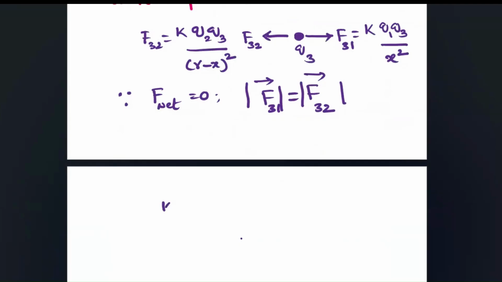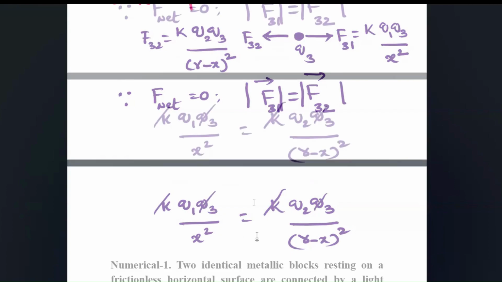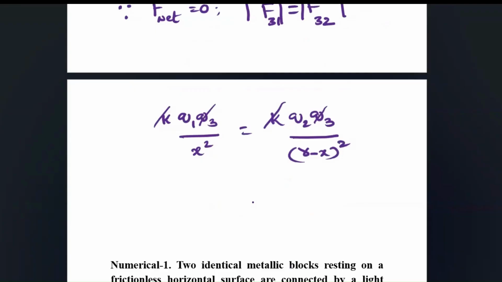F31 is K into Q1 Q3 by X square. This is equal to K into Q2 Q3 by R minus X whole square. So you can cancel K, you can cancel Q3. So this is R minus X by X whole square, equal to Q2 by Q1.